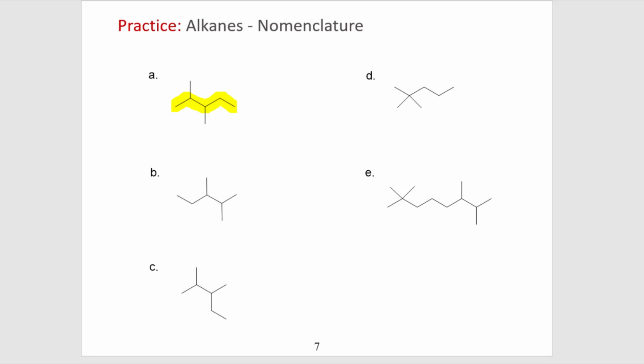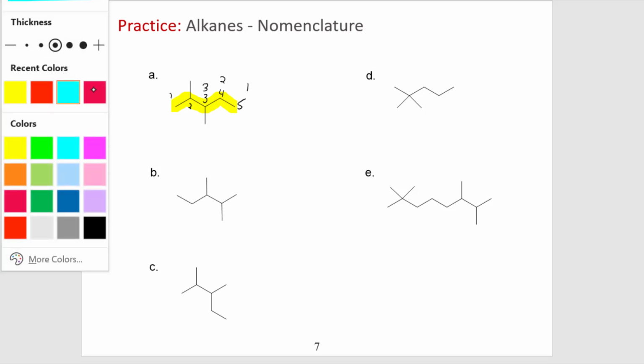Do I go 1, 2, 3, 4, 5? Or do I number it 1, 2, 3 in the other direction? Well, take a look at the substituents off of the longest parent chain.